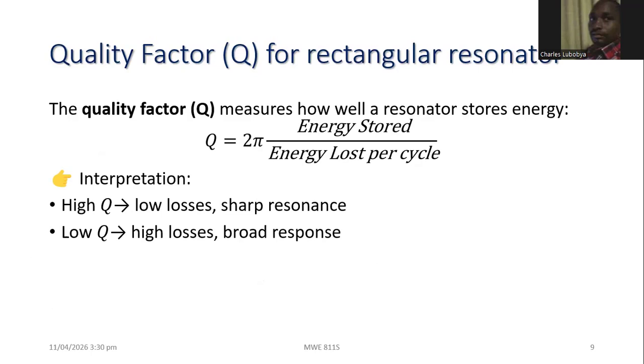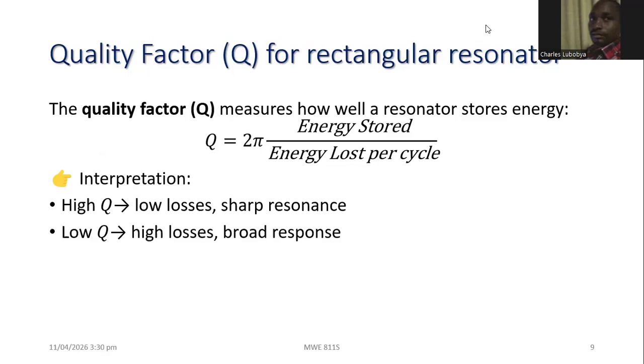And we normally want to have a high Q factor, which means low losses and sharp resonance, whereas a low Q factor means high losses and broader response. The other way to look at quality factor is the ratio of the resonant frequency to the bandwidth of a signal.